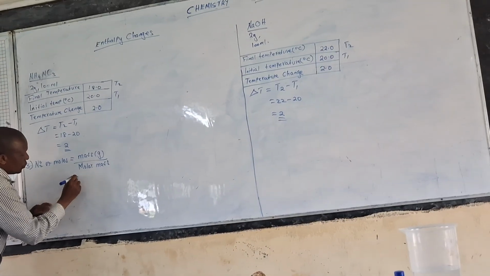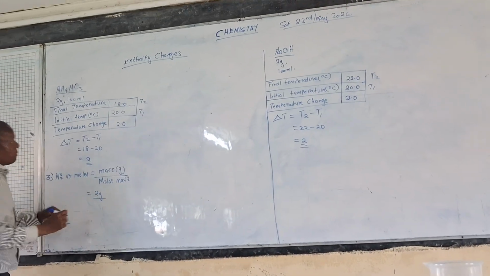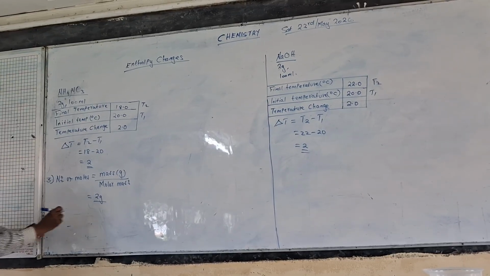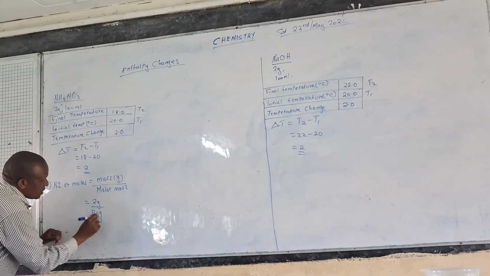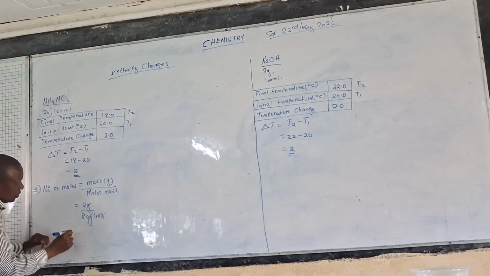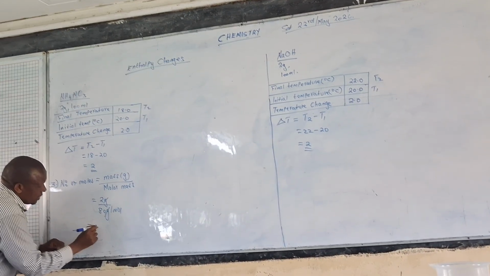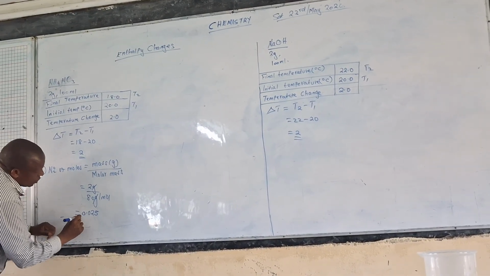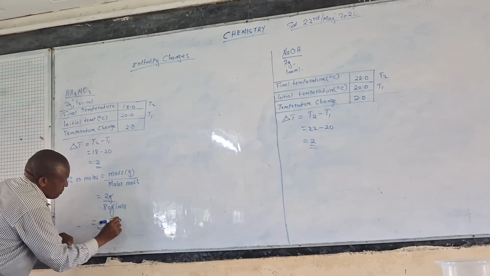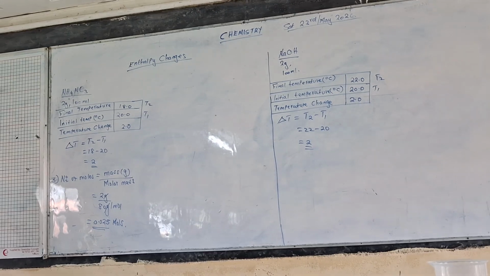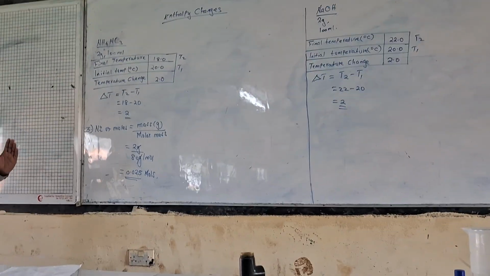So this will be 2 grams divided by molar mass of ammonium nitrate, which is 80 grams per mole. So grams and grams will go, and our answer will be 0.025 moles. Are we together? M-O-L-S, moles. I hope you are together up to that point.